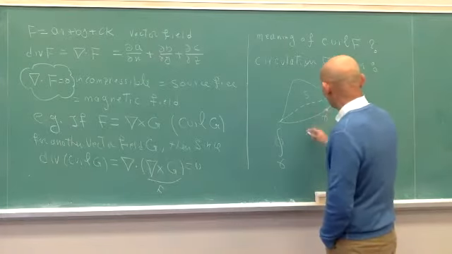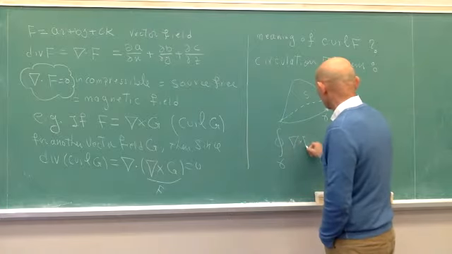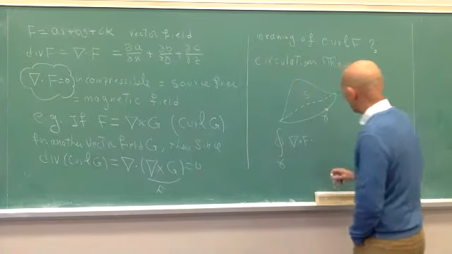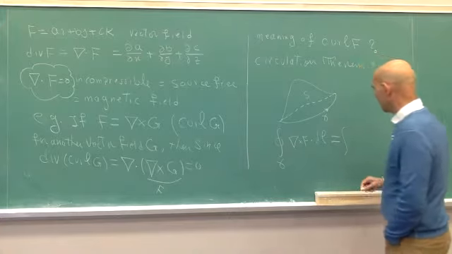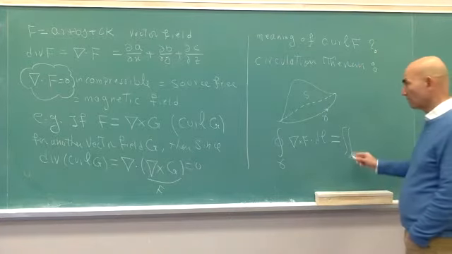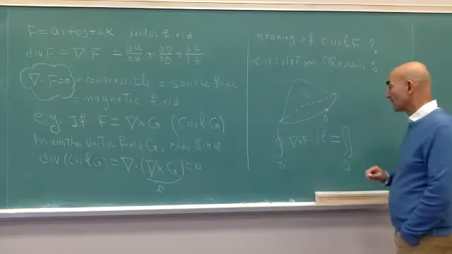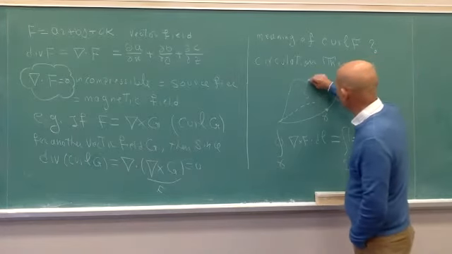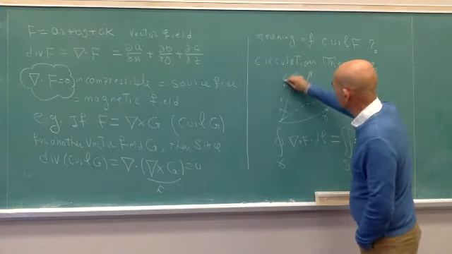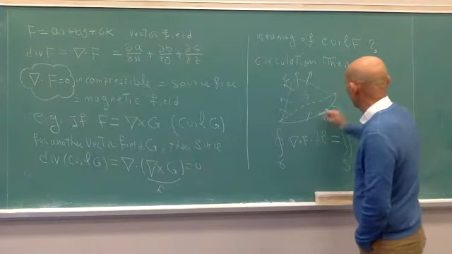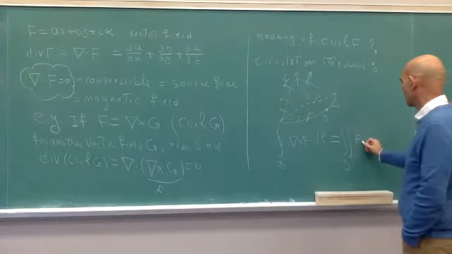Well, we have the curl of F, dot dl, is equal to the double integral over S of, in this case, the flux of the curl of F. So there is this vector field F.